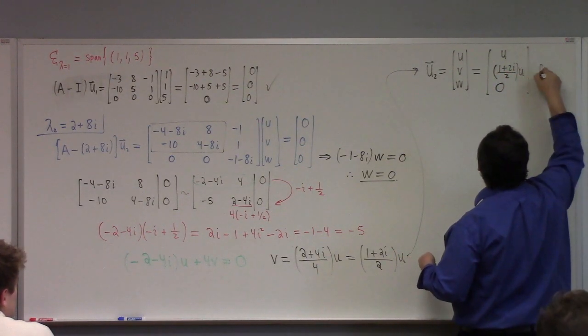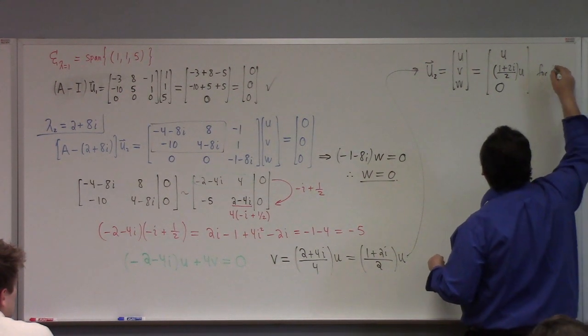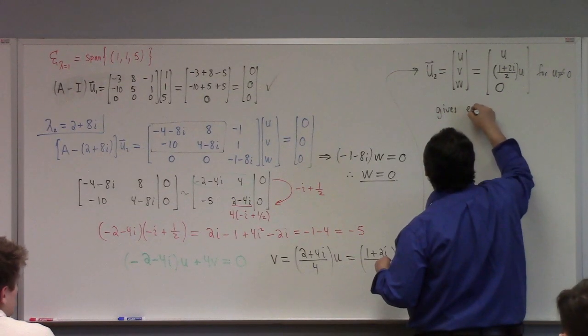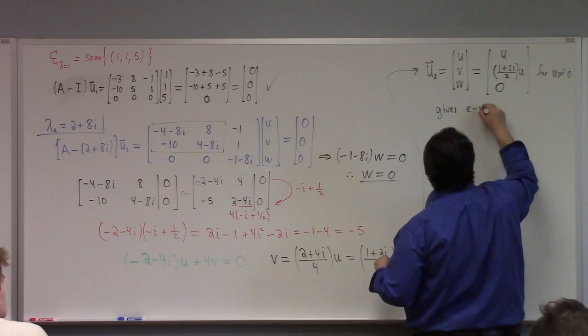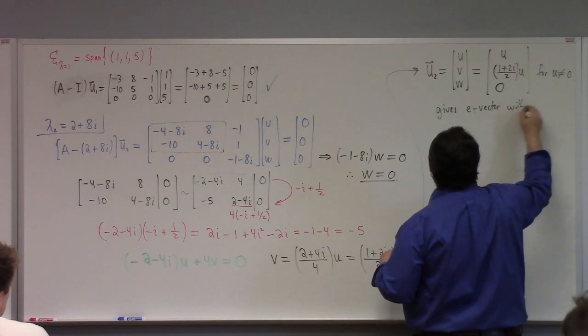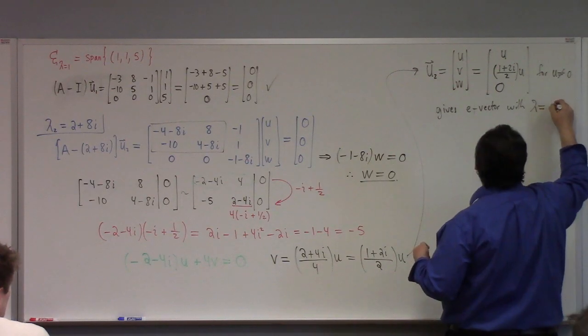This, for u not equal to 0, gives an eigenvector with lambda equal to, what was it? 2 plus 8i.